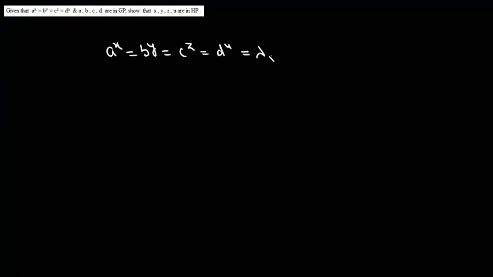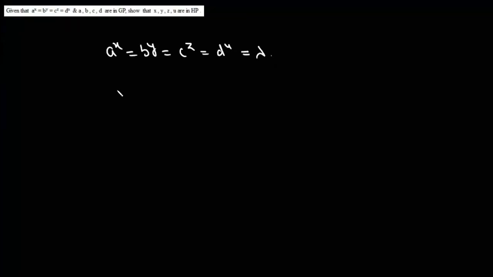Now here the question is: given that a to the power x equals b to the power y equals c to the power z equals d to the power u, where a, b, c, d are in GP, then show that x, y, z, u are in HP. Now what we'll do is we'll take this as lambda.